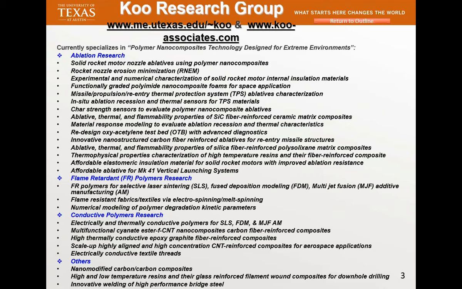They are not the same, but we were able to change the property from an insulating polymer to an electrically or thermally conductive polymer. And we work on thermosets, ester, we work on epoxy, we also work on CNT, with the majority of the application I'm working on being toward aerospace.